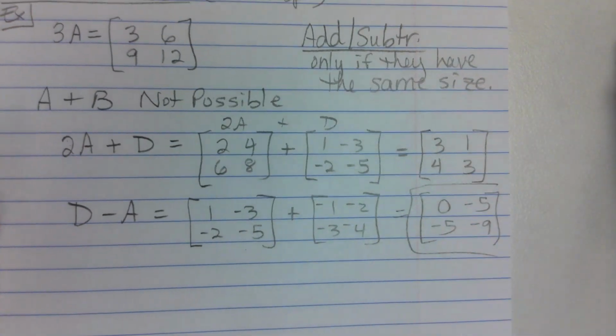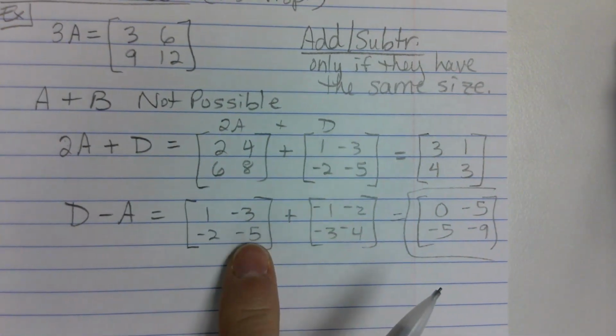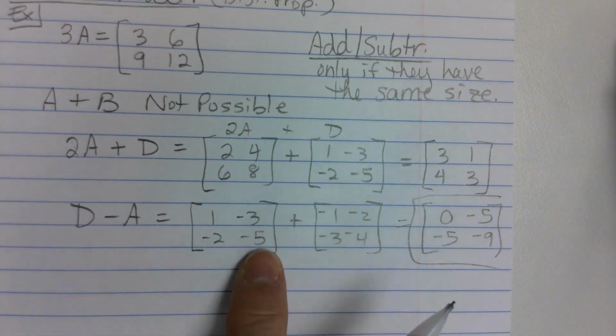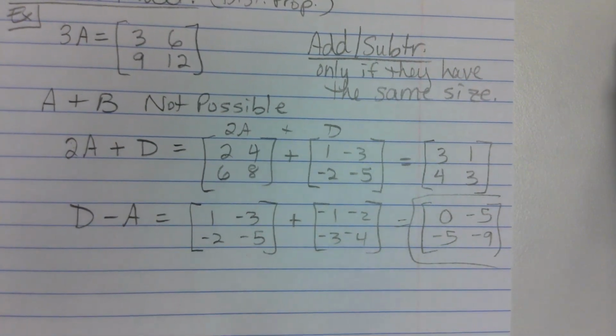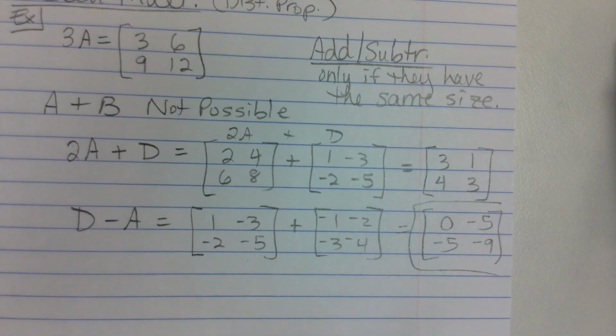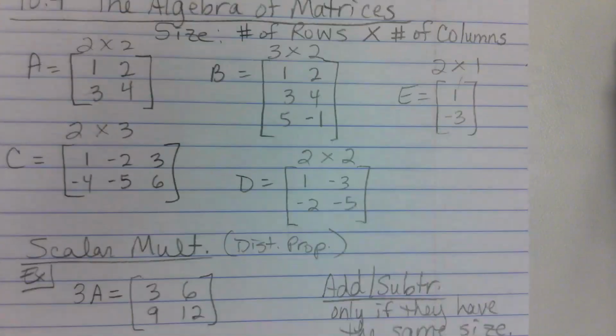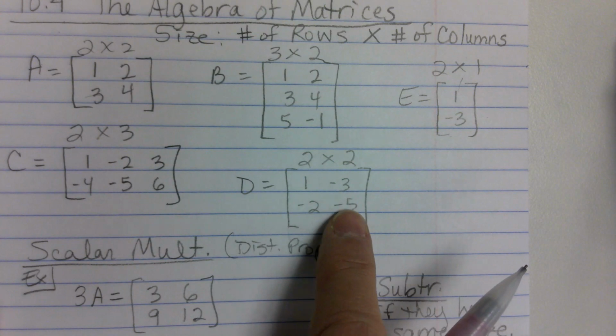Negative 9, why wouldn't it be 4? Negative 5 plus negative 4 is a negative 9. The original D was 1, negative 3, negative 2, negative 5.